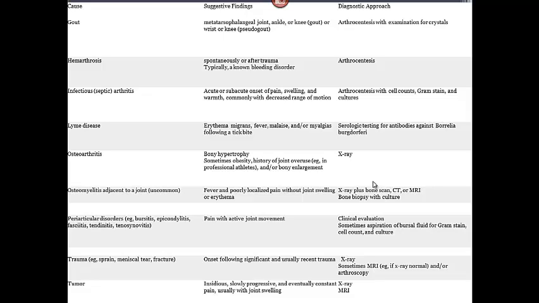Okay, let's talk about monoarticular, or in other words, when the pain is only in one side. When it's only unilateral, you have to think, for example, about gout. And remember, gout is no more than accumulation of uric acid in the joint.